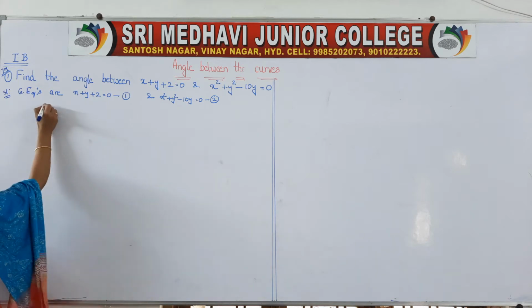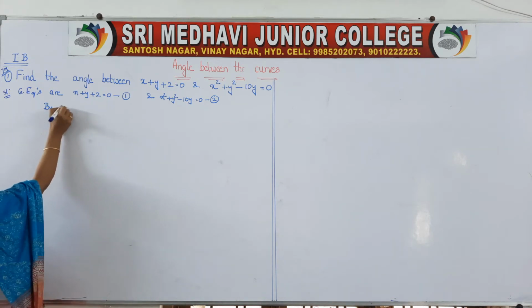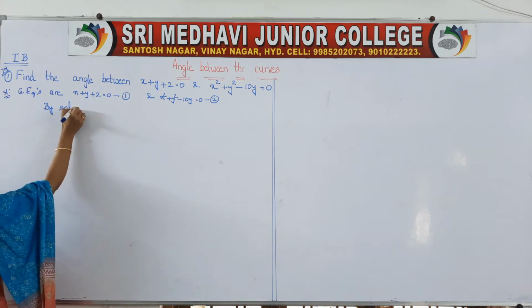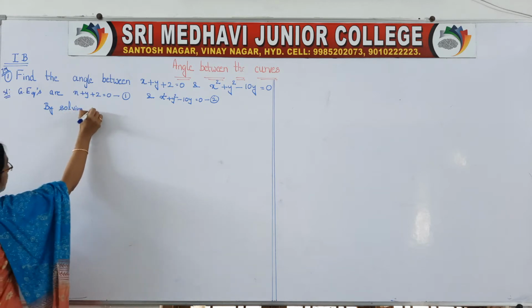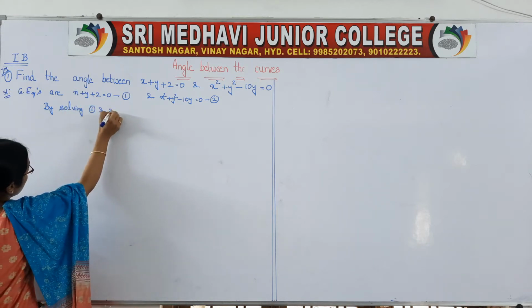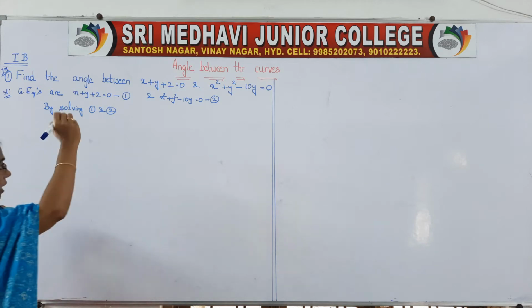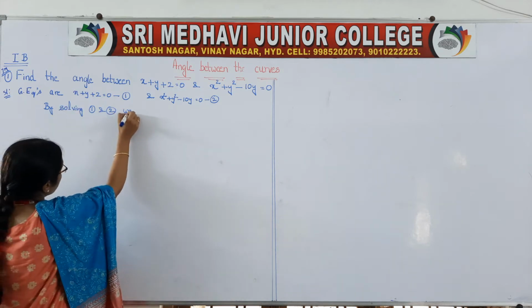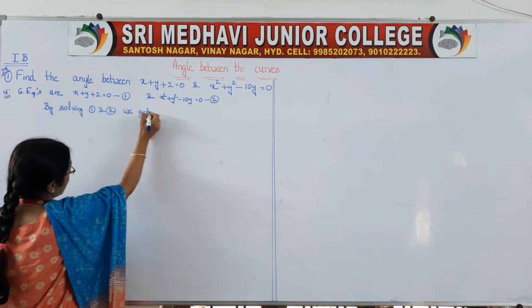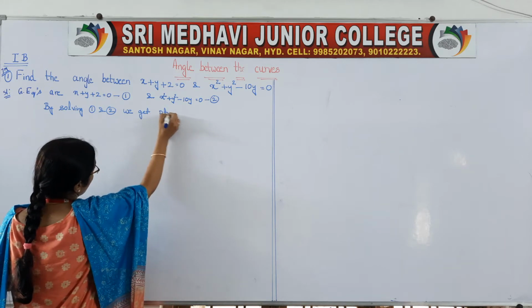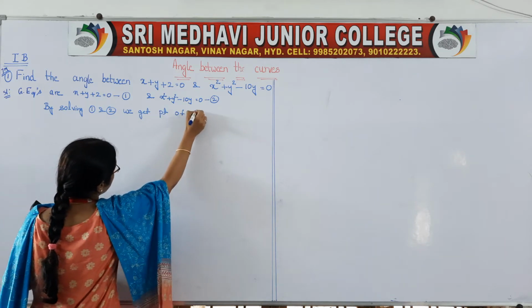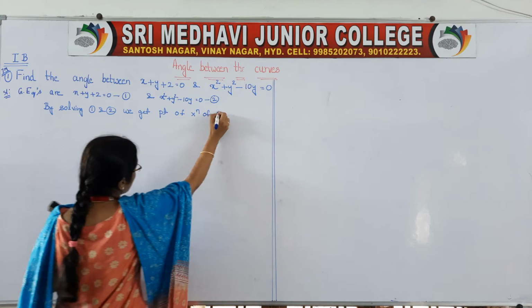By solving equations 1 and 2 we get the point of intersection of the two curves.